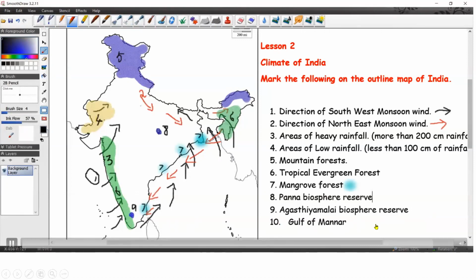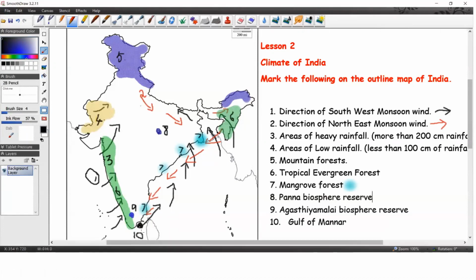And the last one is Gulf of Mannar. This area is Gulf of Mannar. So this also comes under UNESCO's Biosphere Reserve. And these are all the important places to be marked for the lesson Climate of India.